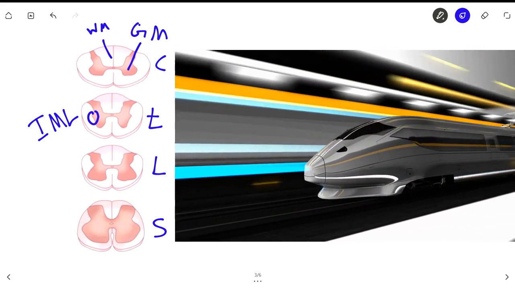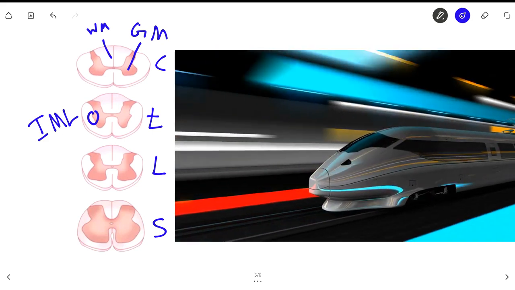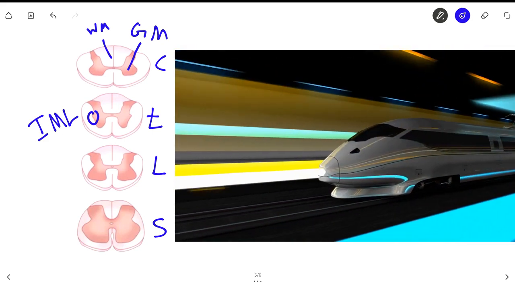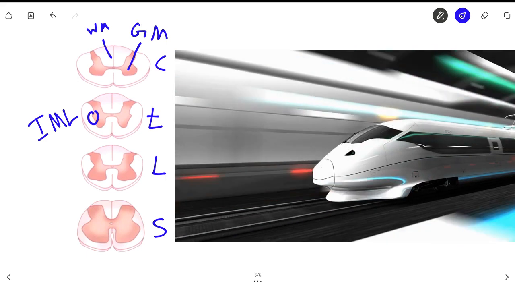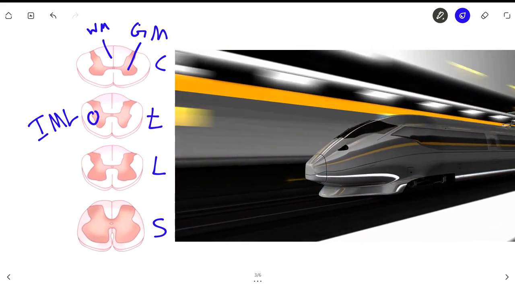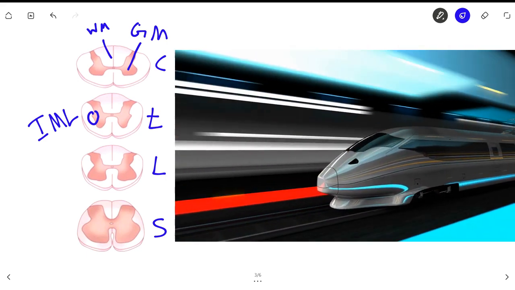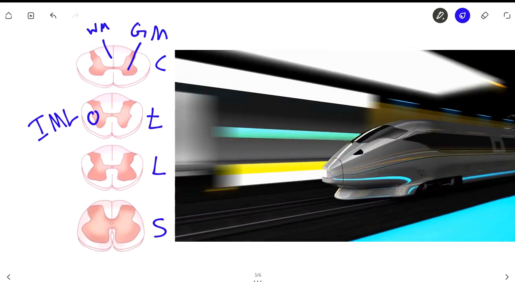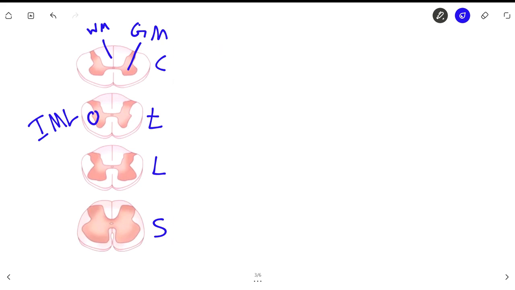And then in the next station, more passengers would get out, and in the final section, almost all the remaining passengers will leave. So you can think of the neurons as passengers that start leaving, and the white matter is basically the neurons. So as the neurons leave, there's less white matter and more gray matter.